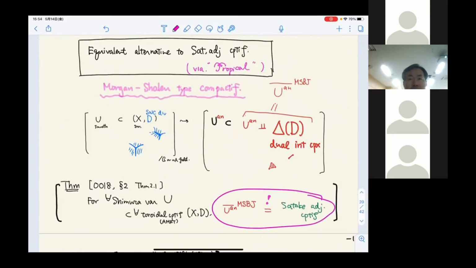So we have two equivalent ways of describing the same compactification, which is not a variety.